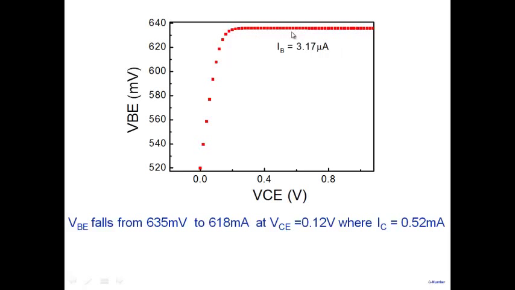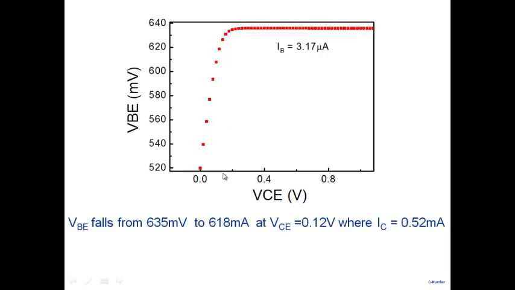So here, when the collector current is constant at 1 milliampere, the base emitter voltage is about 635 millivolt. When the current drops to 0.5 milliamperes, which was happening at 0.12 volt, what is the base emitter voltage? 618 millivolt. From 635 to 618 millivolt, it has dropped.